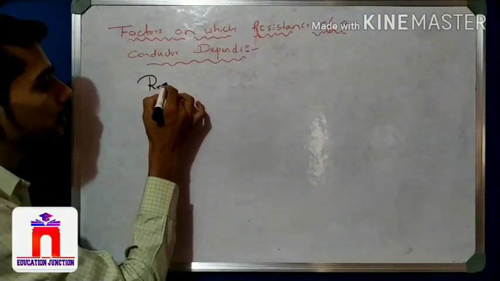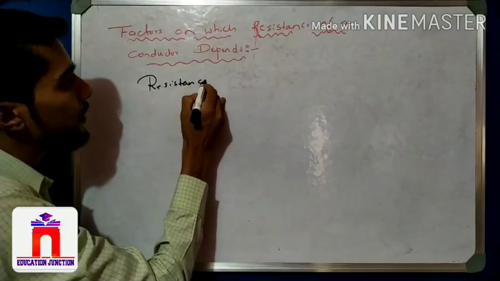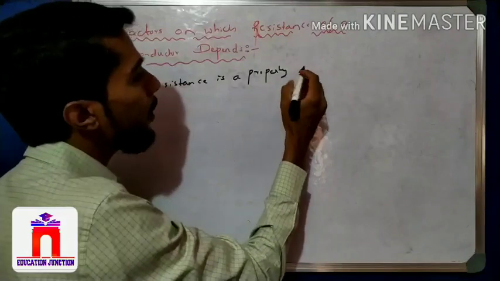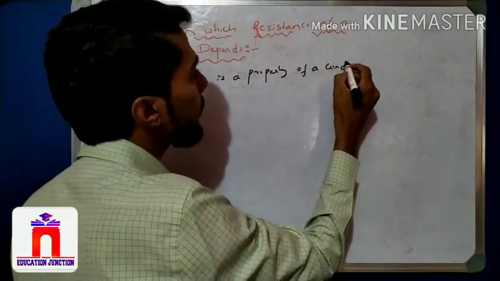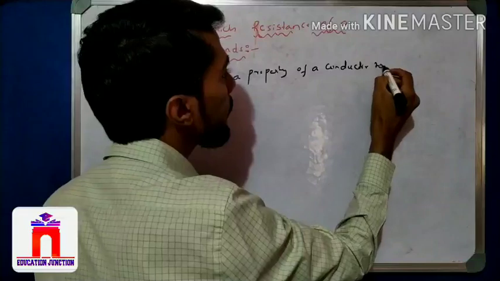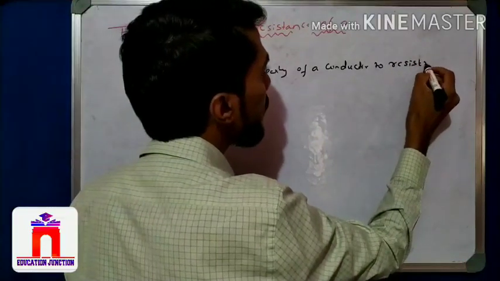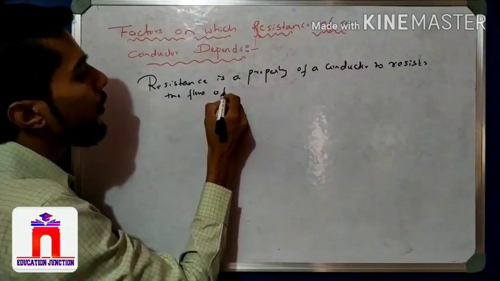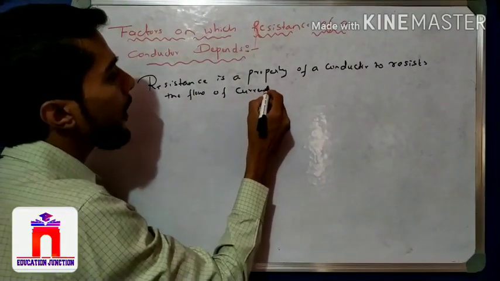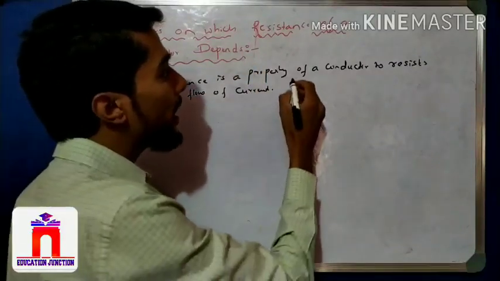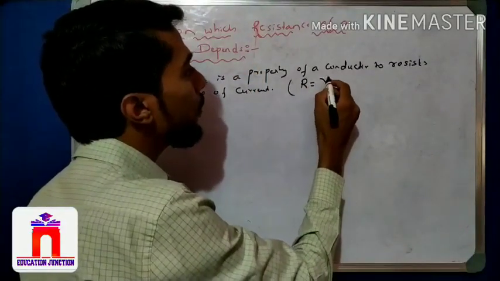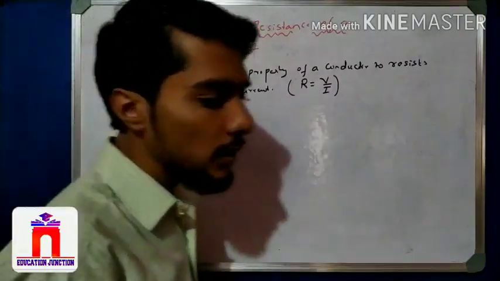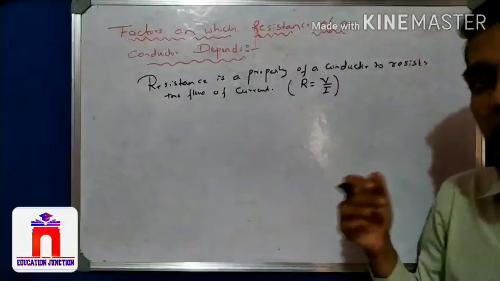I repeat again: resistance is a property of a conductor to resist the flow of current, and we defined R is equal to V by I by Ohm's law. So R is equal to the ratio of V by I.